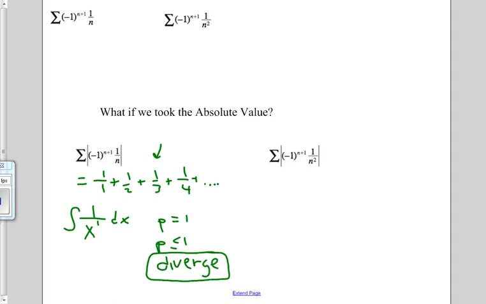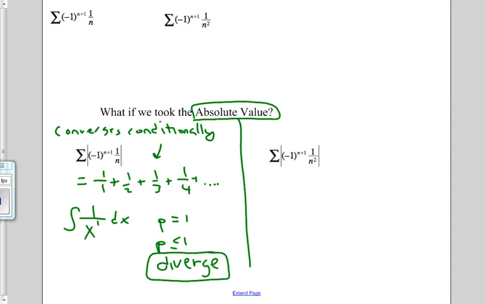So while before this converged without the absolute value, when we take the absolute value, this diverges. So this one only converges conditionally. It's on the condition that it's alternating between negative and positive. It's not converging absolutely.